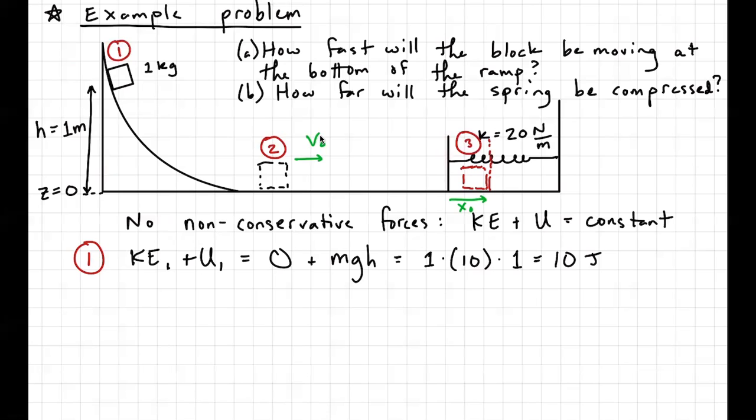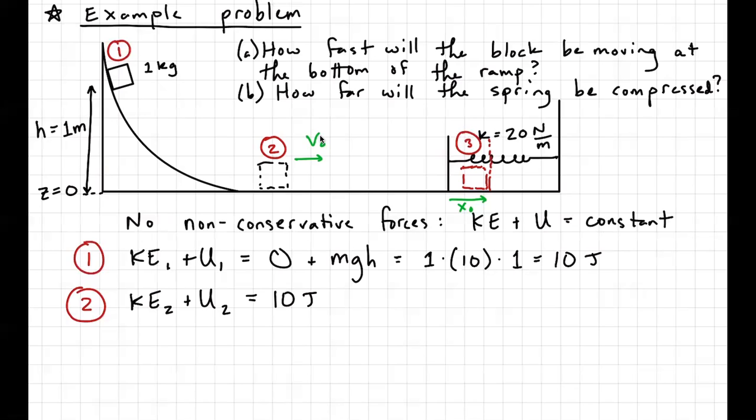All right, at spot 2, let's do the same thing. What we know is that no matter what we get here, it's going to be 10 joules. There's no non-conservative forces, so the mechanical energy is conserved, and the total value of energy will always be the same.